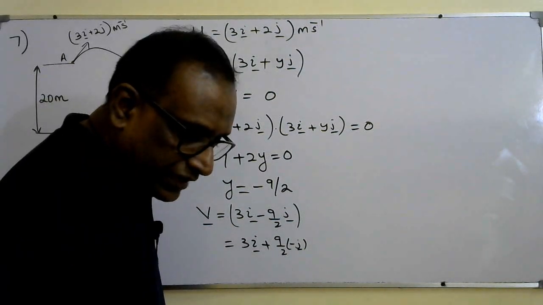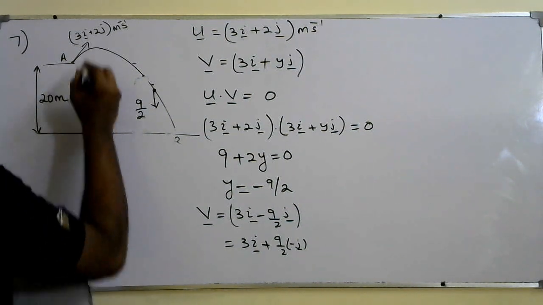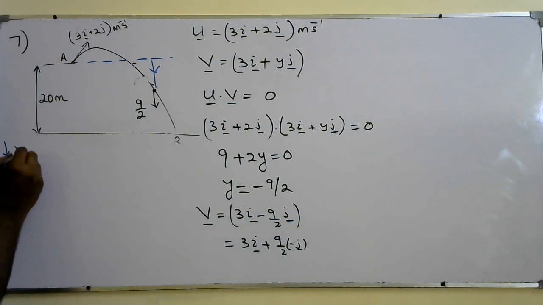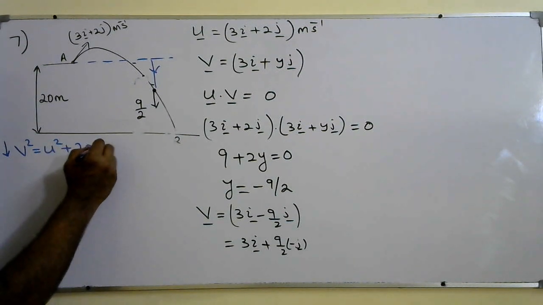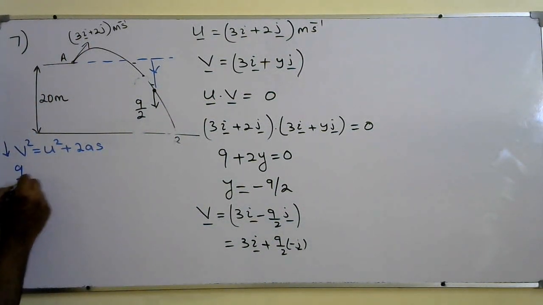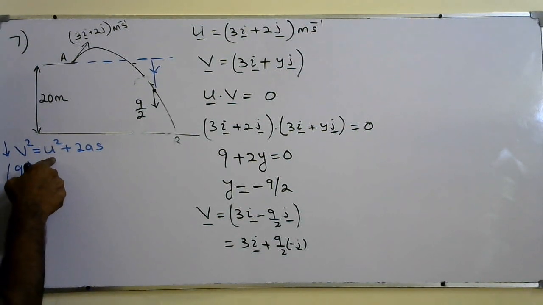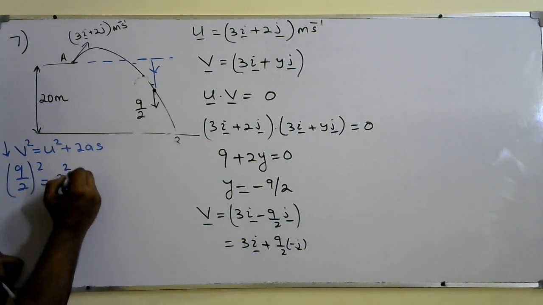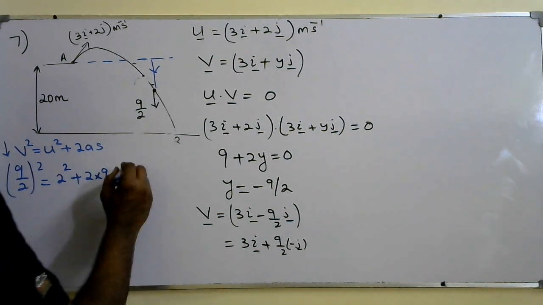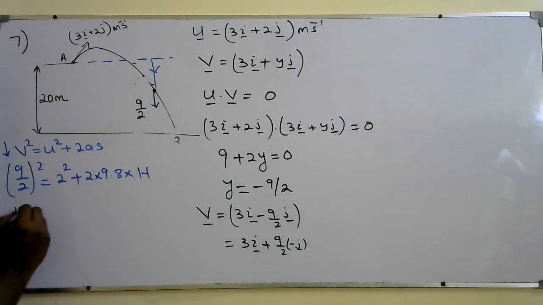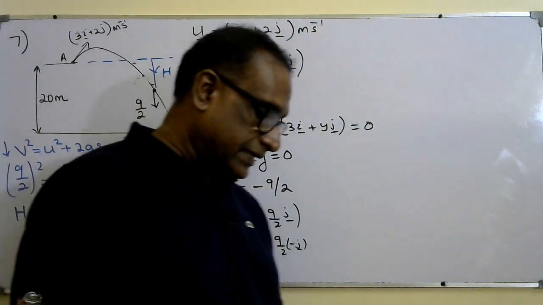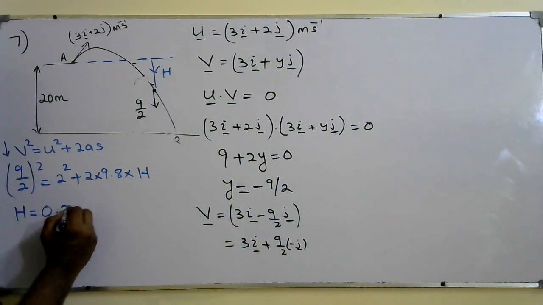Using downwards, v squared equals u squared plus 2as: the vertical component 9/2 squared equals the initial vertical component 2 squared plus 2 into 9.8 into the distance it has fallen, which I call capital H. Solving, the displacement vertically down is 0.83 meters.